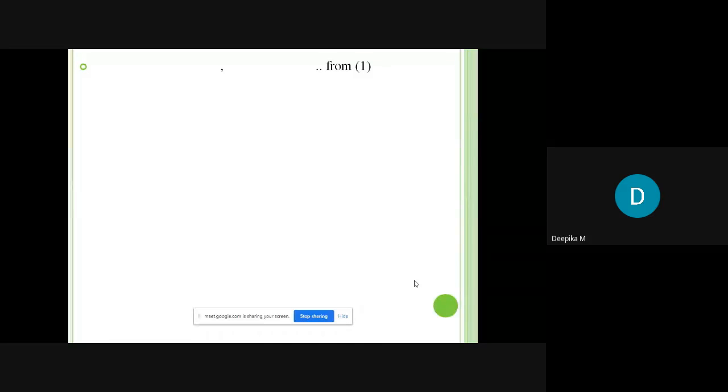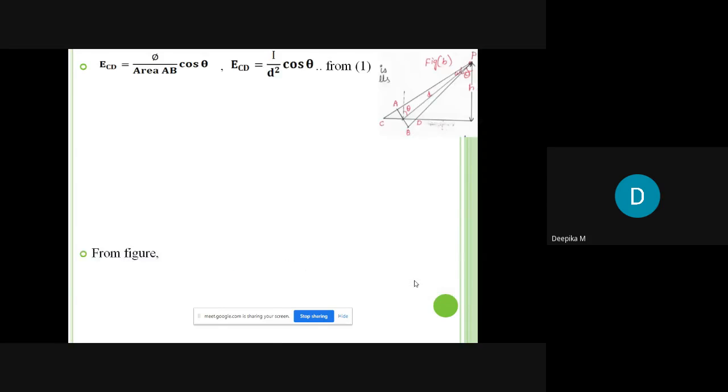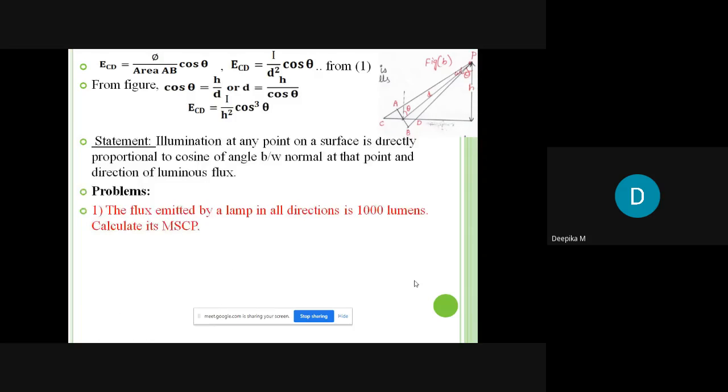In today's video, like in the last video, we have discussed the laws of elimination. In this video, we are going to discuss the problems on elimination. We have two laws from the laws of elimination.